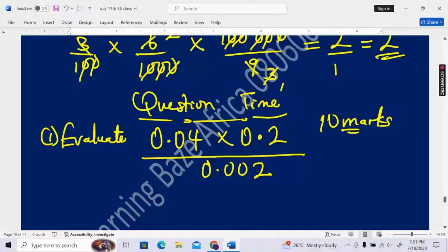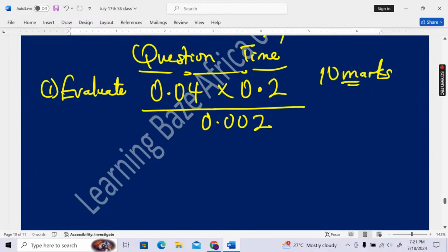Okay, so answers. Okay, I can see different answers. So let's do it together and let's see who goes with the 10 marks. So we have 0.004 times 0.2.